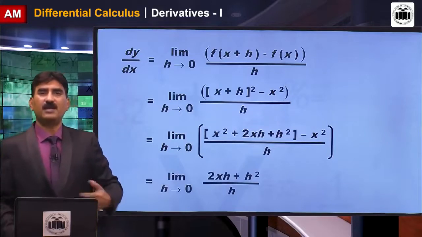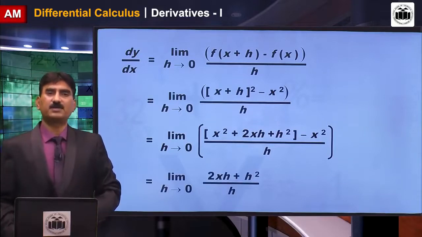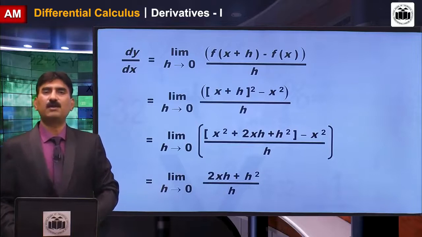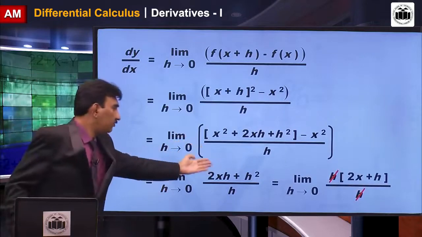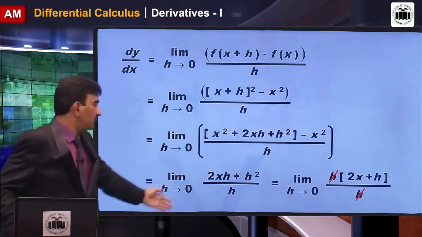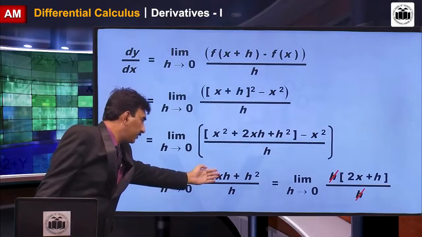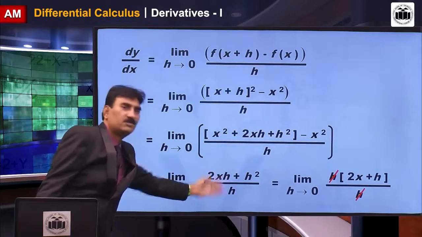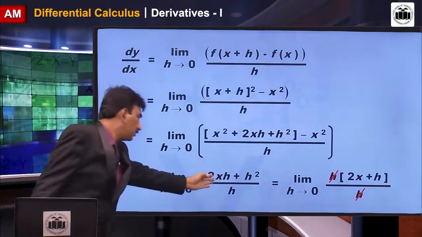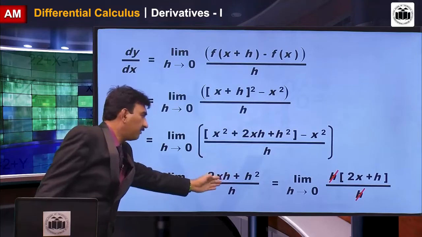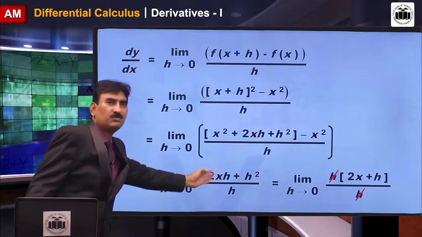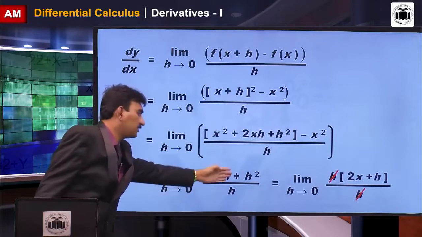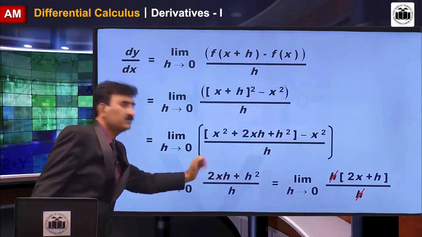Now when we cancel x square, we get the expression limit h tends to 0, 2xh plus h square upon h. Now students, here you take h common. You can't cancel h here and here or here and here. So remember, when two terms contain h, but there is an addition or negative sign in between the two terms, you can't cancel out h from numerator and denominator.